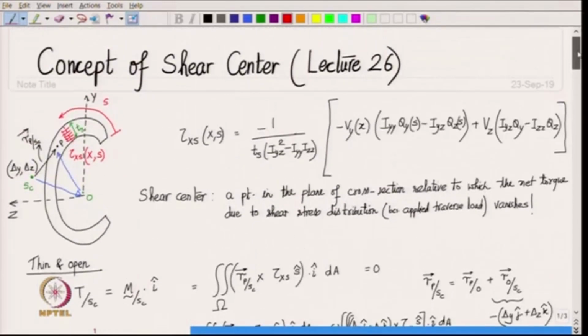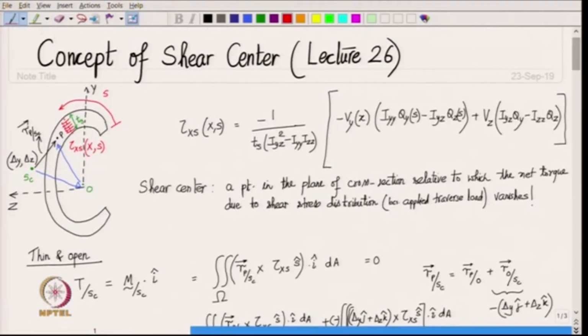We can come back to this figure and say that it is a point at the center of the thickness line. So, find out the position vector of that point, which is R P naught. You can think of a green line running through the cross section, which is the center line, and that is given by R P naught.